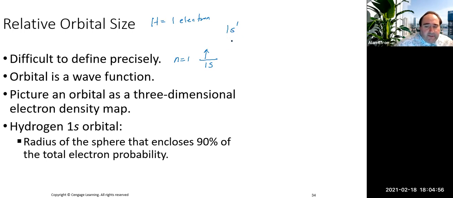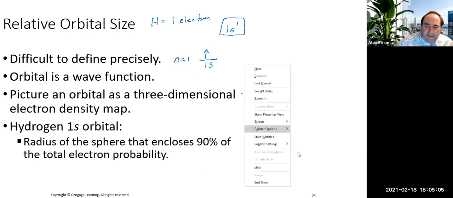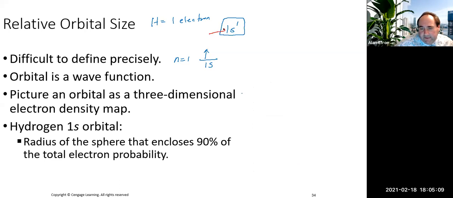A couple of things about what these numbers represent, in case you don't remember. If you write electron configurations such as this, which we'll do some more of later on in this chapter, this very first number is the energy level, and that is what is referred to as the principal quantum number, which is a fancy word for basically the energy level.